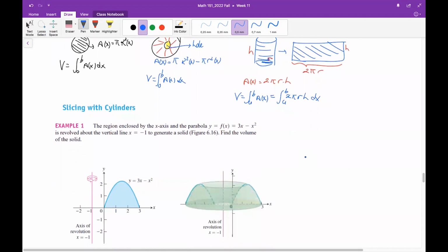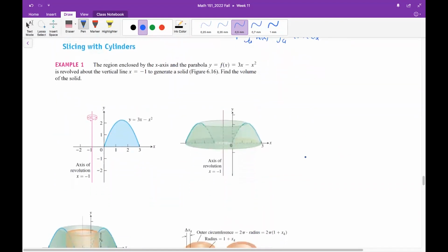So let me try to explain the cylindrical shells method in a more detailed way. Consider this example where we have this function and we are considering this region and we are revolving it. Revolve this region around, sorry, not the y-axis, but this is the revolution axis, the x equals 1 line.